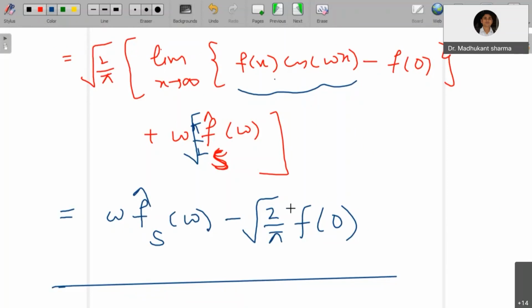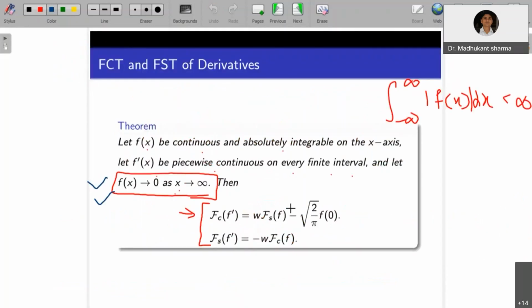Now, similarly, the second one I'm leaving to you as an exercise. It's very simple again, in a similar way. The Fourier sine transform of the derivative is going to be minus w times the Fourier cosine transform.